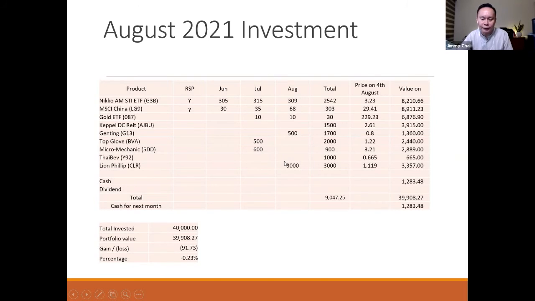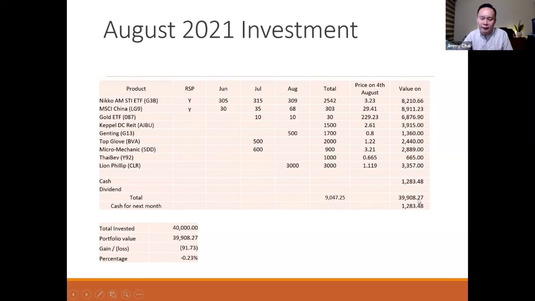Because of the leftover amount of money I have, an excess of cash from last month, I can afford to buy 3,000 units of the CLA. The reason I'm looking at this is because the price has come down to a level whereby I feel it is inexpensive. So that's basically my investment for this month.